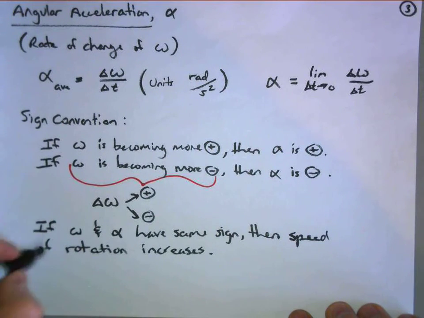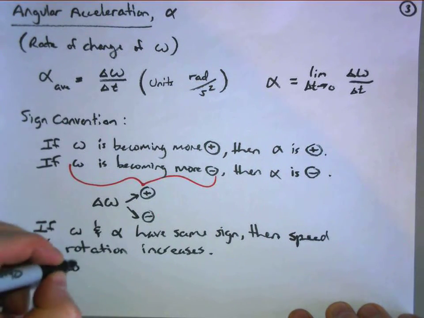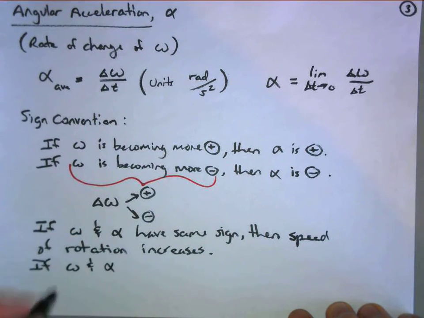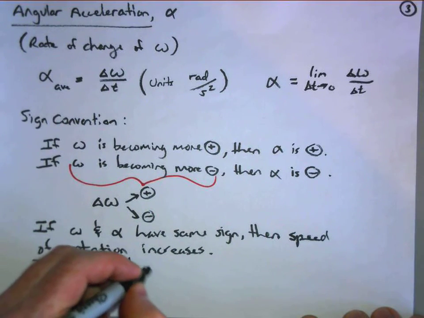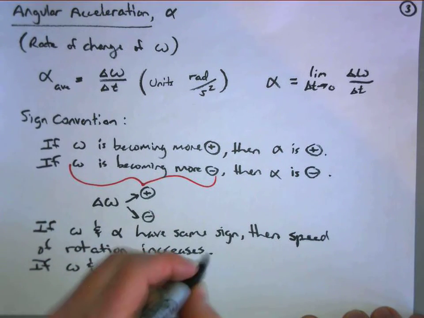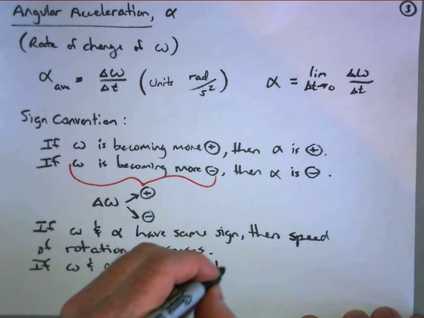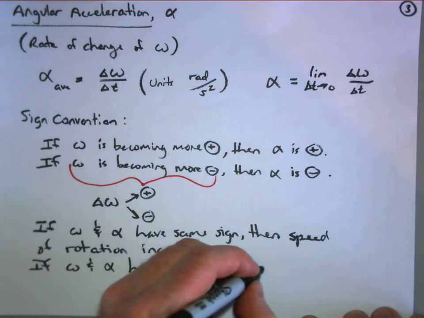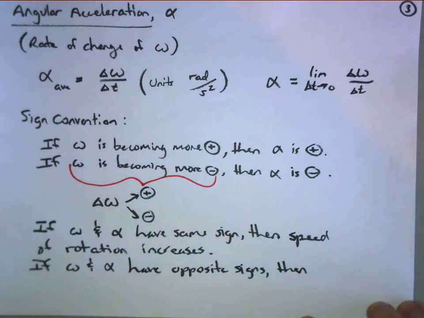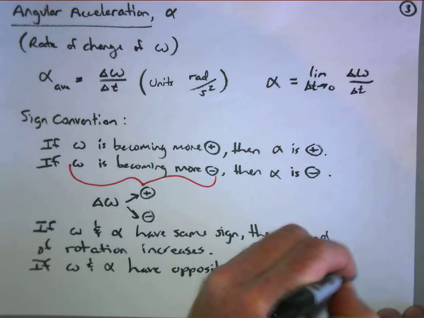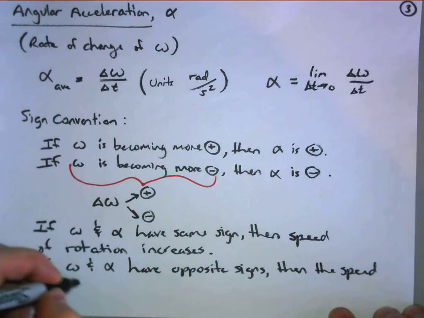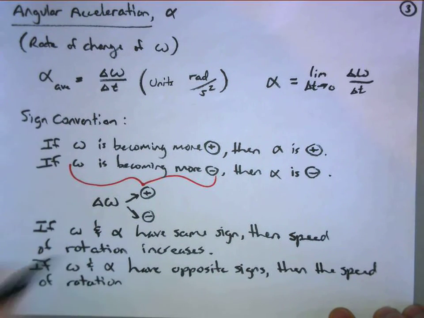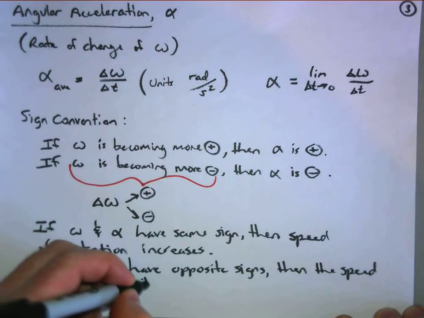So the converse of this is also true. If angular velocity and angular acceleration have opposite signs, then the speed of rotation will decrease.